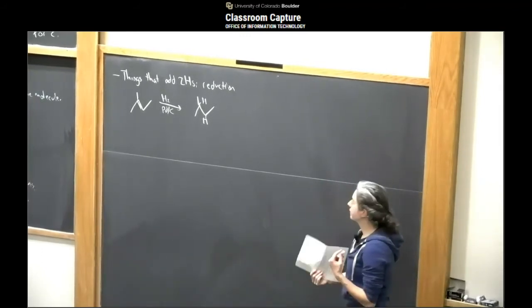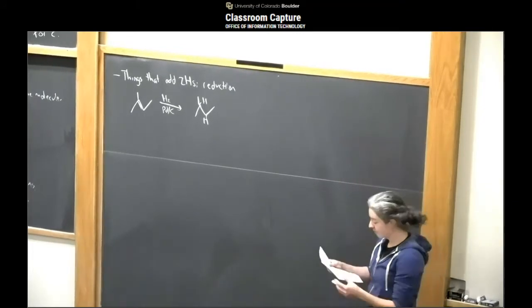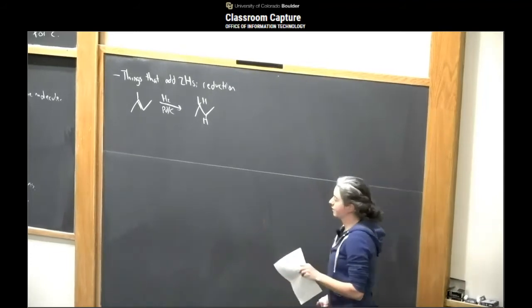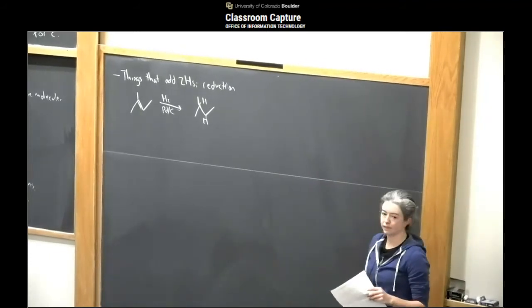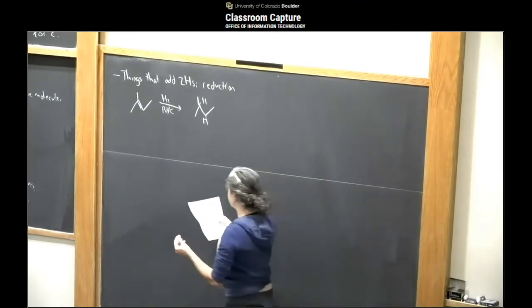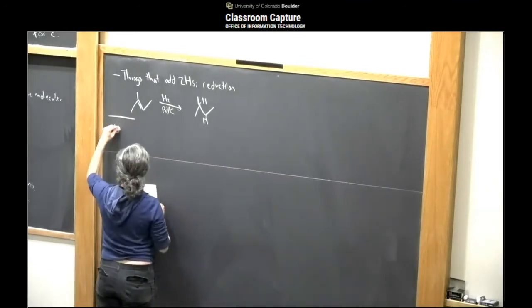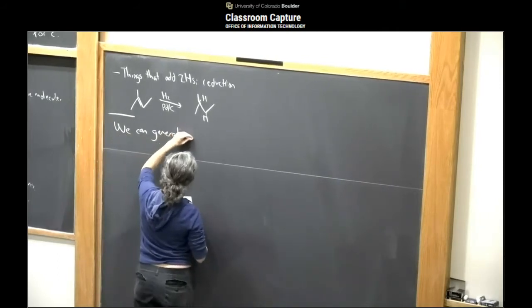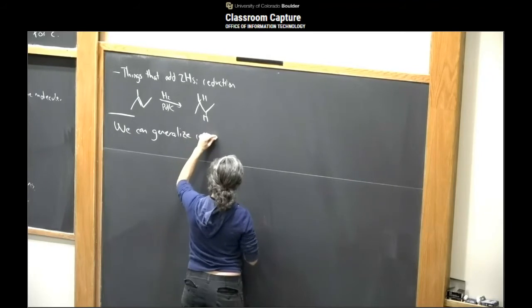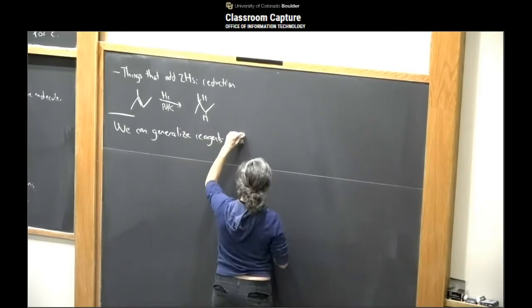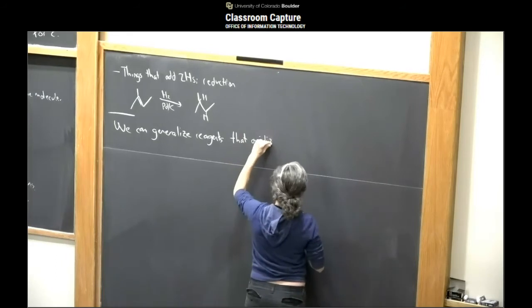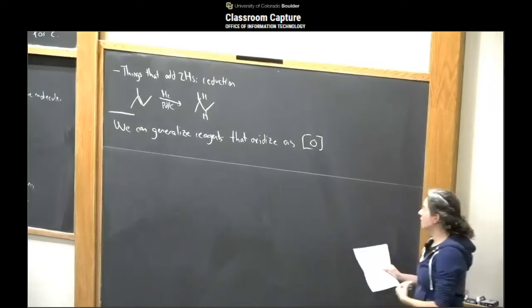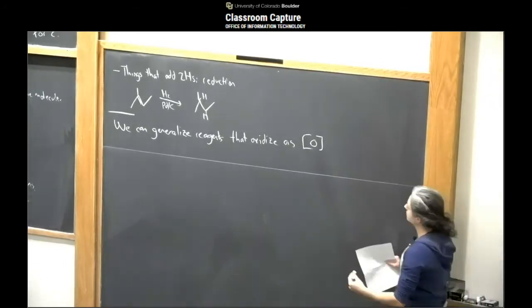Okay, so how do we recognize whether a reduction or an oxidation or neither is likely to happen? We can sort of generalize reagents that oxidize by just writing O in square brackets on the arrow.